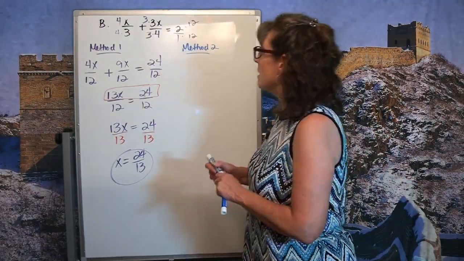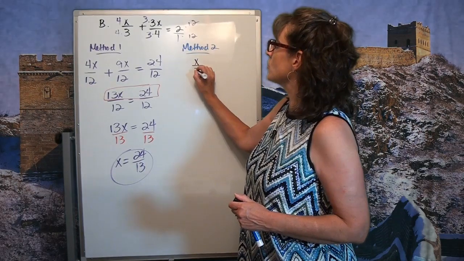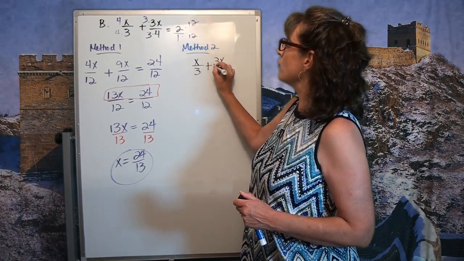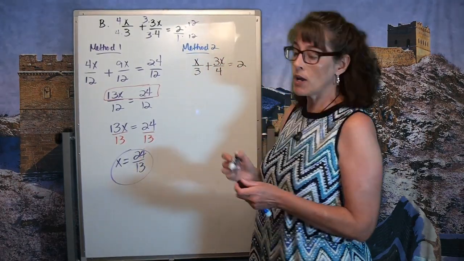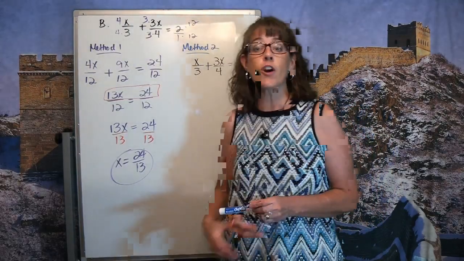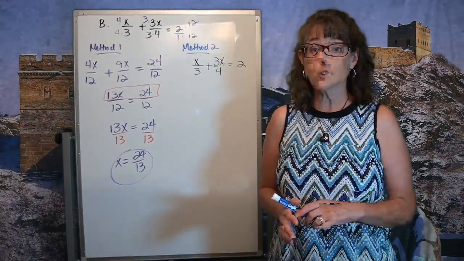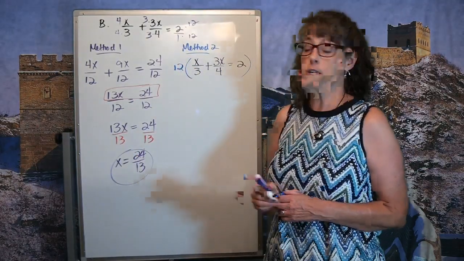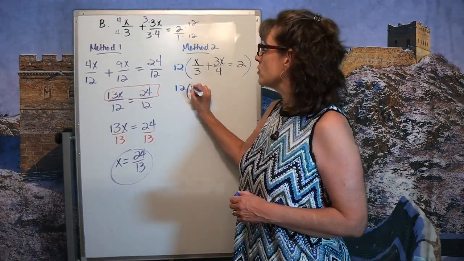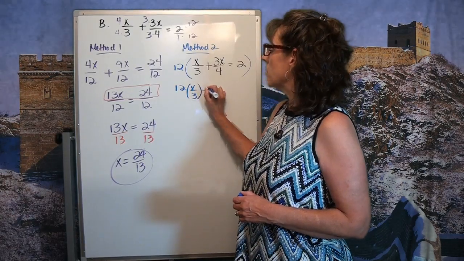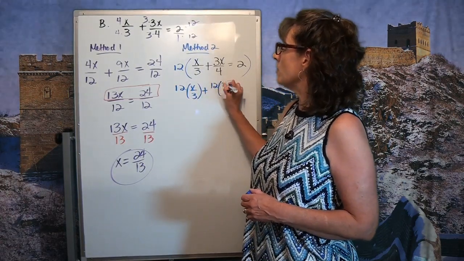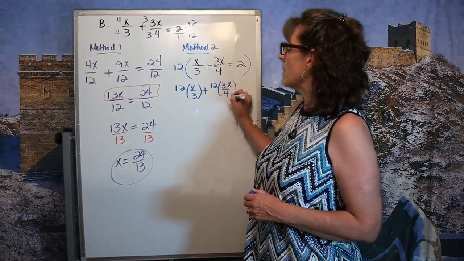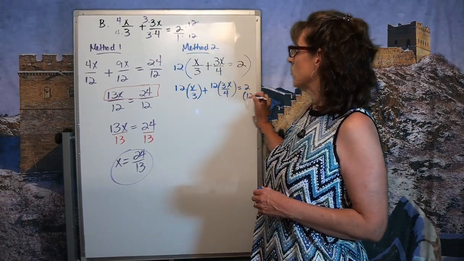So in this second method, we're going to take that x over 3 and that 3x over 4 and even the 2. And remember, what we're going to do to get rid of those fractions is utilize our LCD of 12, but what we're going to do is multiply every single term by that 12. Multiply the first term by 12, multiply the second term by 12, and even multiply the other side of the equation by 12.